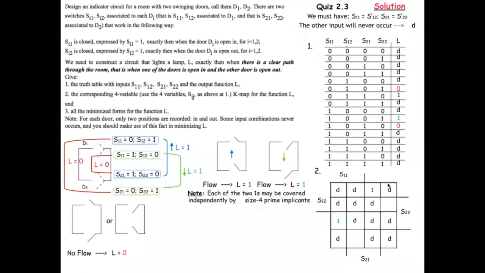So as you saw, because most of the board is covered with either 1s or Ds, it appears that each one can be covered by multiple size 4 implicants, right? So let's see. For example, the blue one can be covered by A, can be covered by B, by C, and one more, or no, just 3?